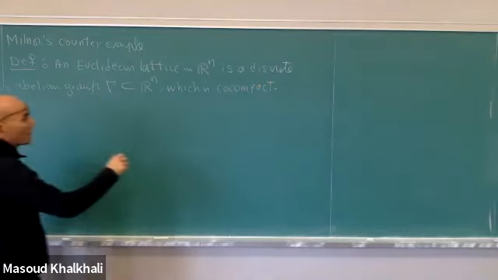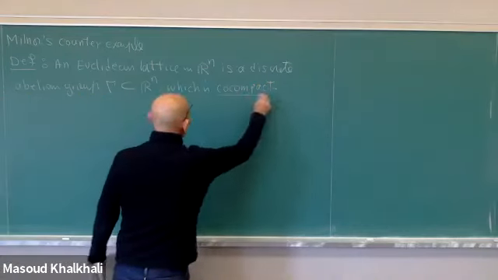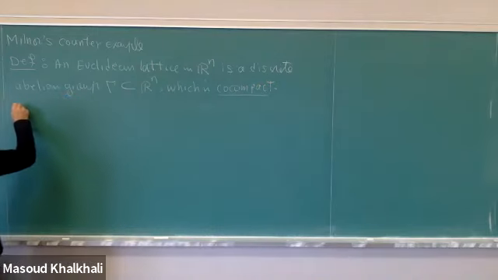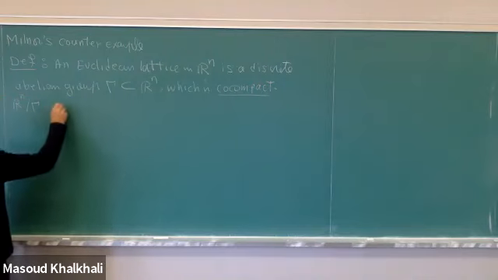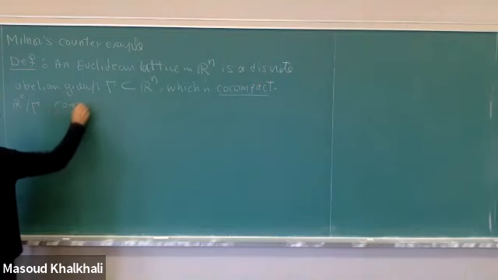So co-compact, of course, as you know, just means that Rn mod gamma, the quotient of this subgroup, is compact in quotient topology.